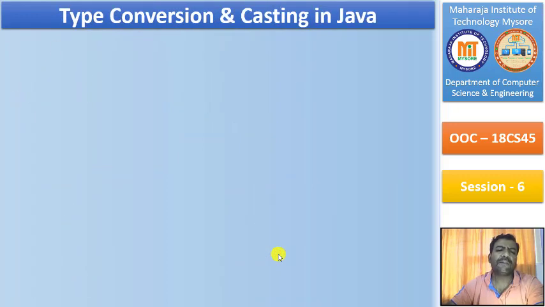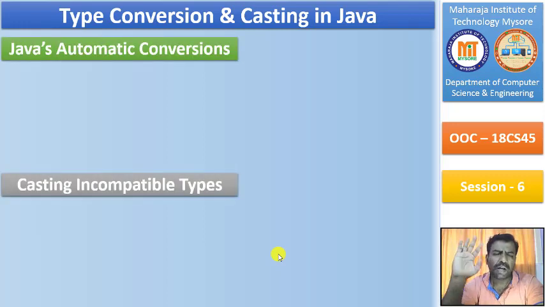Now we'll see type conversion and typecasting in Java. Again, this is the same as what C and C++ hold. It's almost the same. Now just look at how Java slightly modifies this. In typecasting, there's an implicit type conversion and an explicit type conversion.